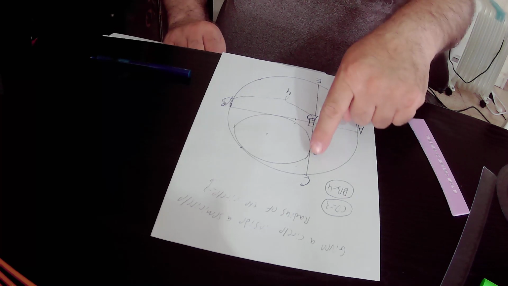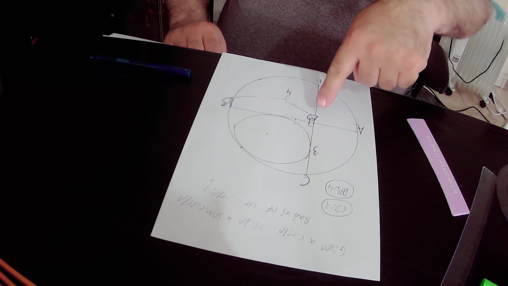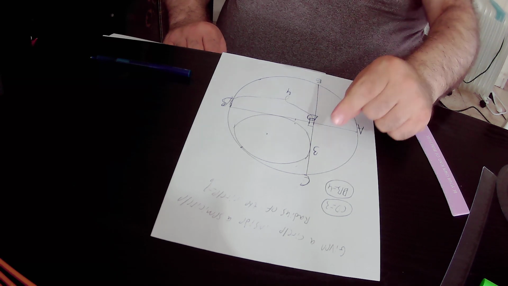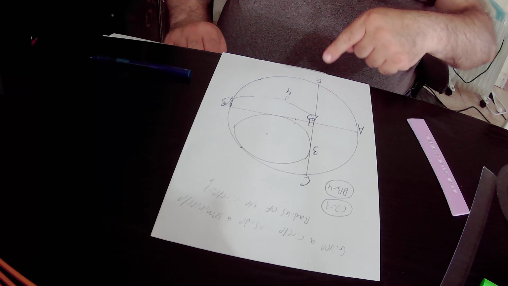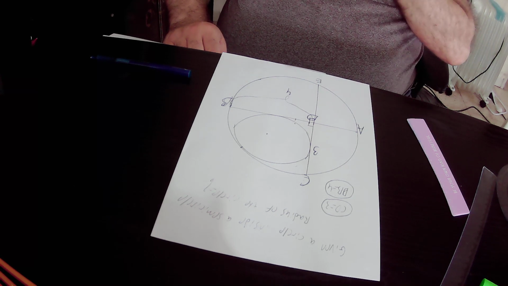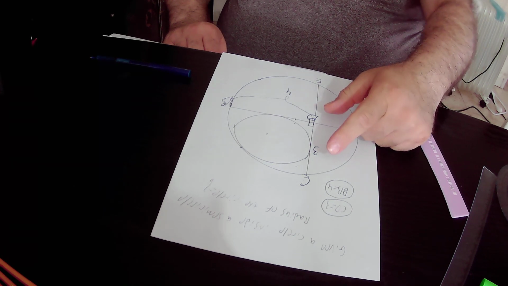We know that angle CDB equals 90 degrees, and angle EDB also equals 90 degrees. Then we extended the straight line CD until it touches the circle at point E. Actually, we created the mirror image of line segment CD.